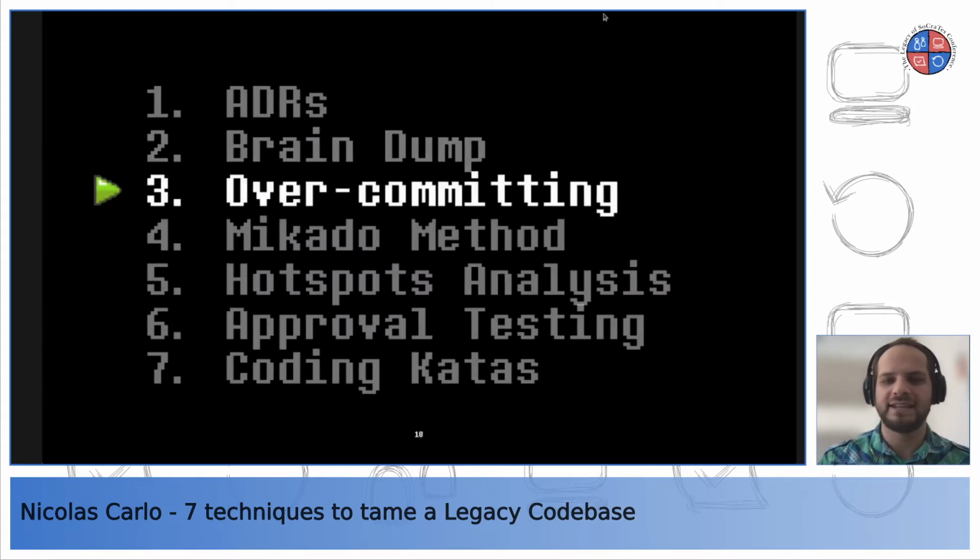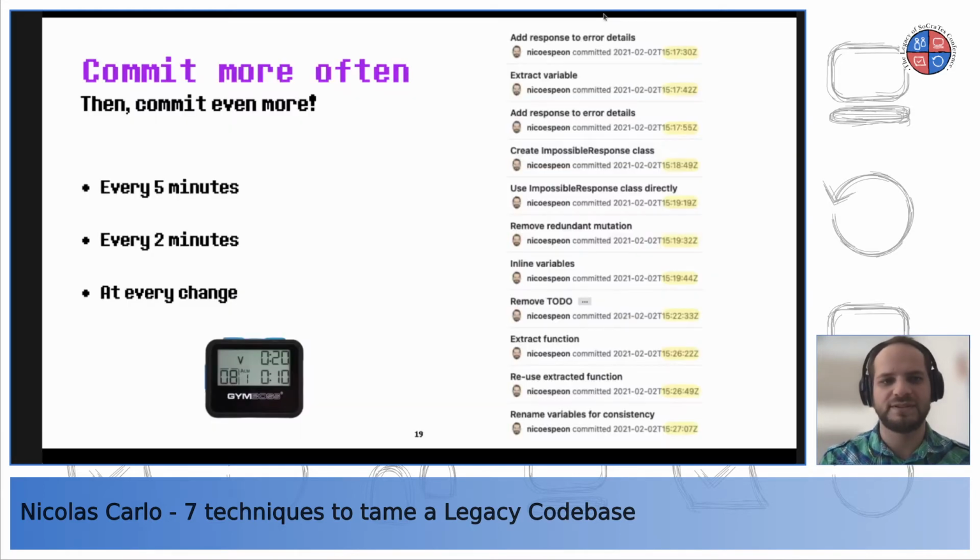The next technique is what I call overcommitting. Usually you will find micro committing out there. I wanted to call that overcommitting in this talk because I want to insist on the fact that we're not doing it enough. We're not doing enough commits from my experience.